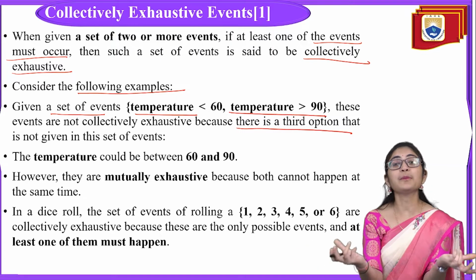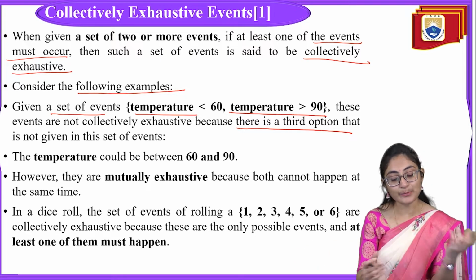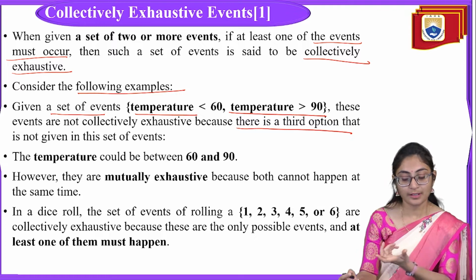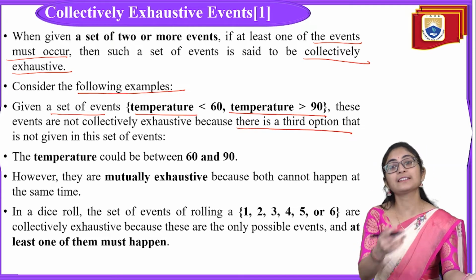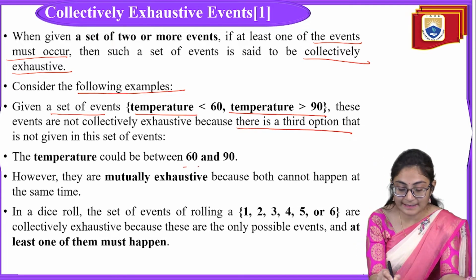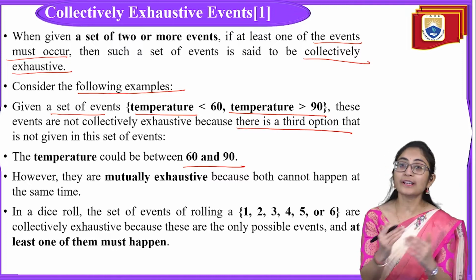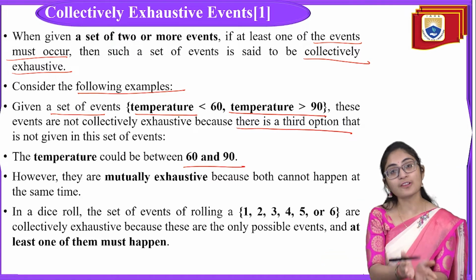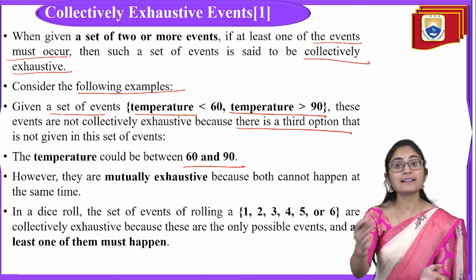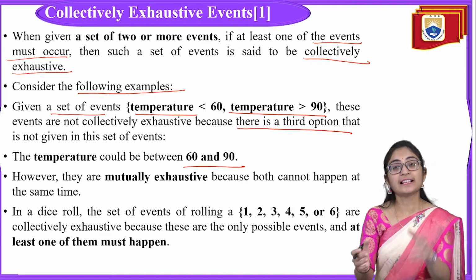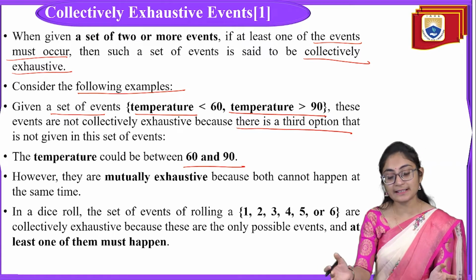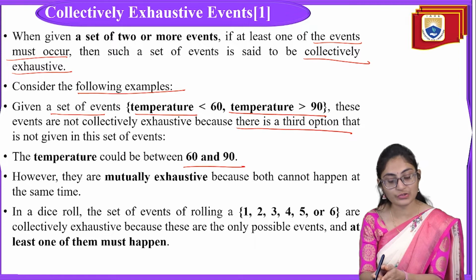What about the middle term? Temperature could be between 60 and 90. So definitely a third condition is also possible. So we can't say that temperature less than 60 and temperature greater than 90 is collectively exhaustive.